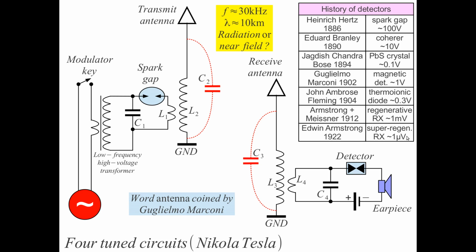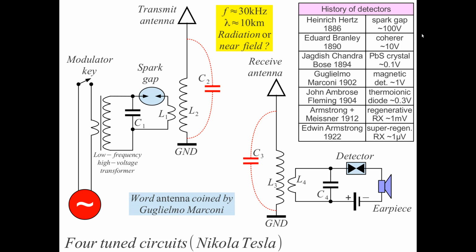Finally, the final thing that could be done in a simple way was the super-regenerative receiver, invented by Armstrong 10 years later in 1922. Here, with just a single vacuum tube, sensitivities in the order of 1 microvolt could be achieved. So much better than what could be done with direct detectors, and even direct detectors are much better than what could be done with the spark gap of Heinrich Hertz.